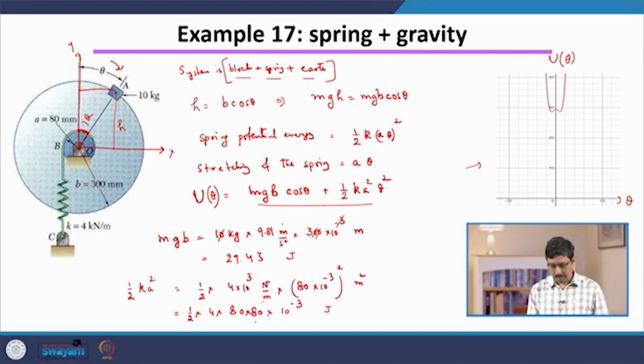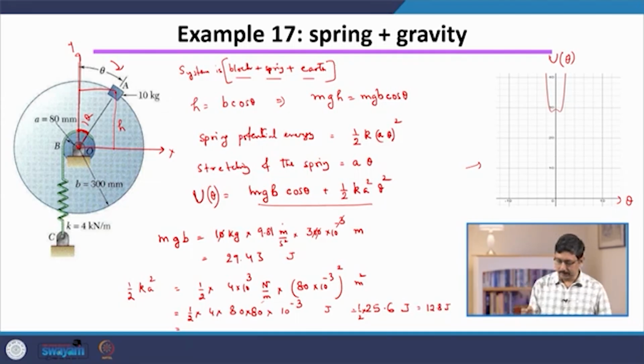If you simplify it, you will get something like, this is 8 into 8 into 4 by 2, which is half into, which is 12.8 joule.